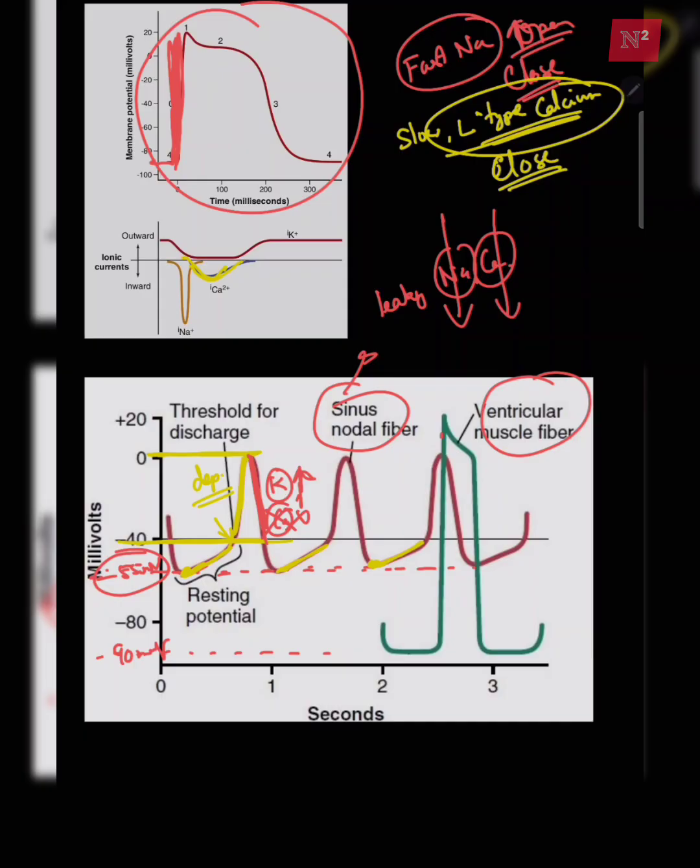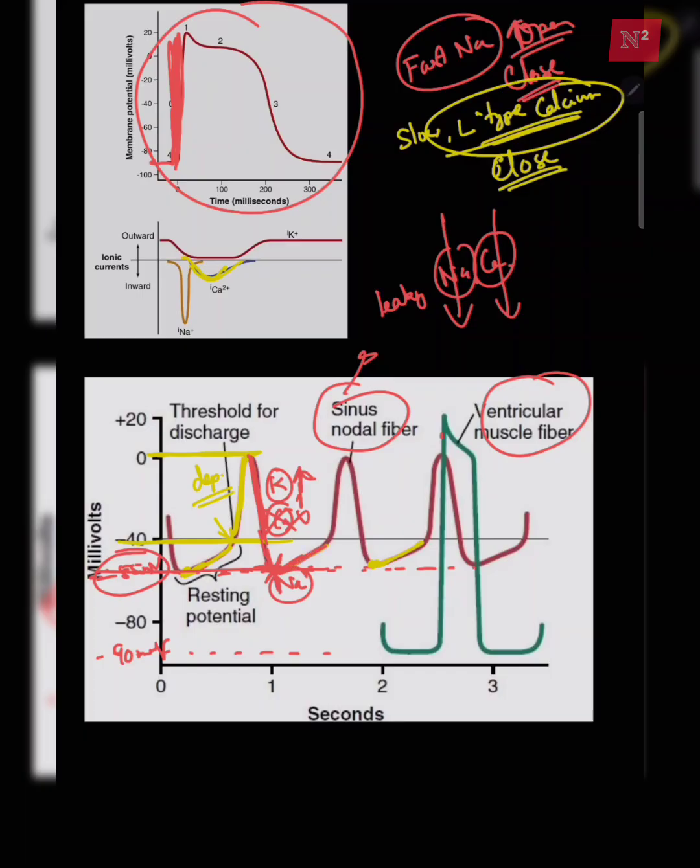Slowly. So as soon as it reaches this point, that is minus 55 millivolt, all the calcium ion channels are closed. But simultaneously, as soon as it reaches minus 55, then minus 56, the fast sodium channels again come into play. So again it depolarizes.